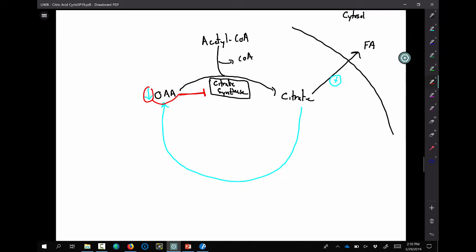Now the consequences of that are going to be that acetyl-CoA is going to go up, right? Because as citrate synthase flux starts to decrease, acetyl-CoA, which would be one of the components to make citrate, is now going to start to go up in concentration. Okay?